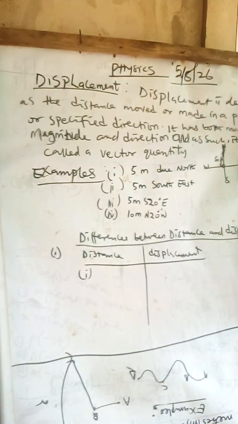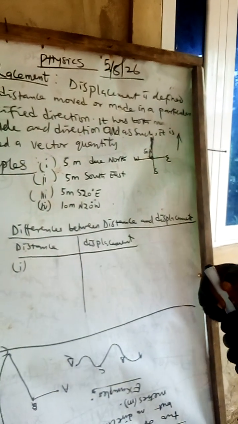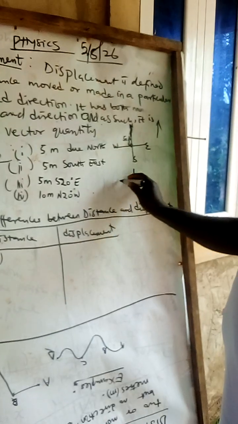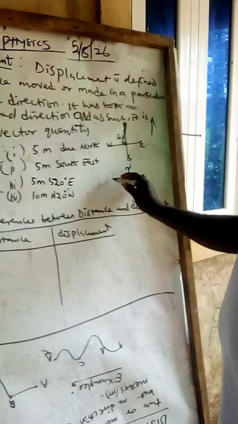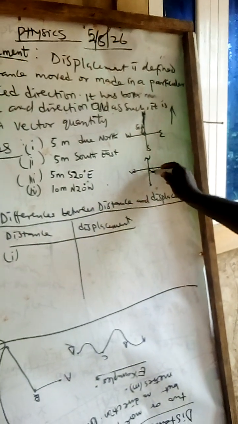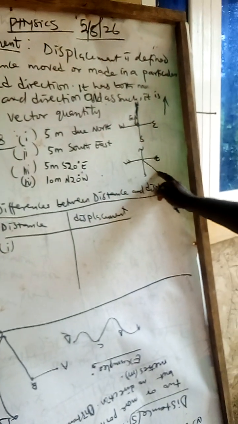Okay. Now, for 5 meters southeast, it will have another diagram. I can draw that one here. You have north, south, east, west. So southeast is somewhere here. And then you draw this line. This is showing the displacement.